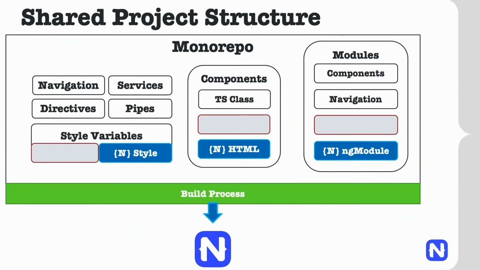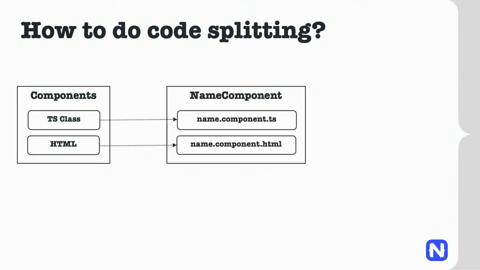Another thing is, like I mentioned here, you would have a component that would have a shared TypeScript class, but then we would have two separate HTML files. How do we achieve this code splitting, right? That we can have two HTML files. How do we tell Angular to pick which file at which point, right? So we're looking at basically some sort of code splitting technique.